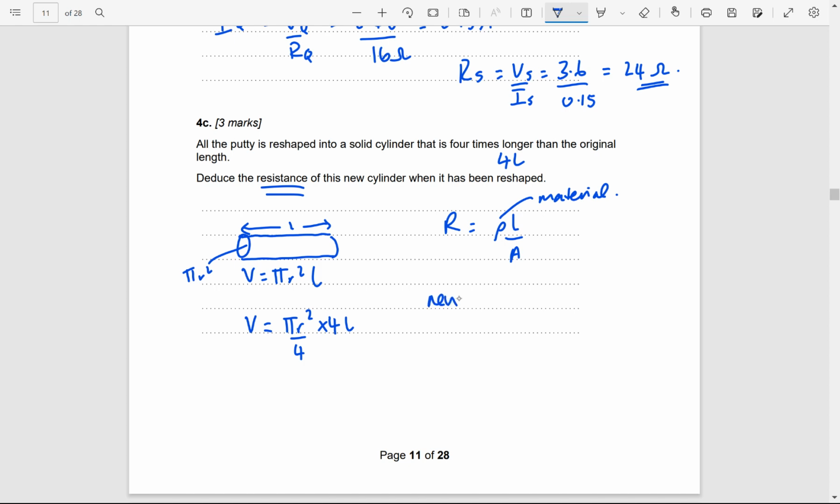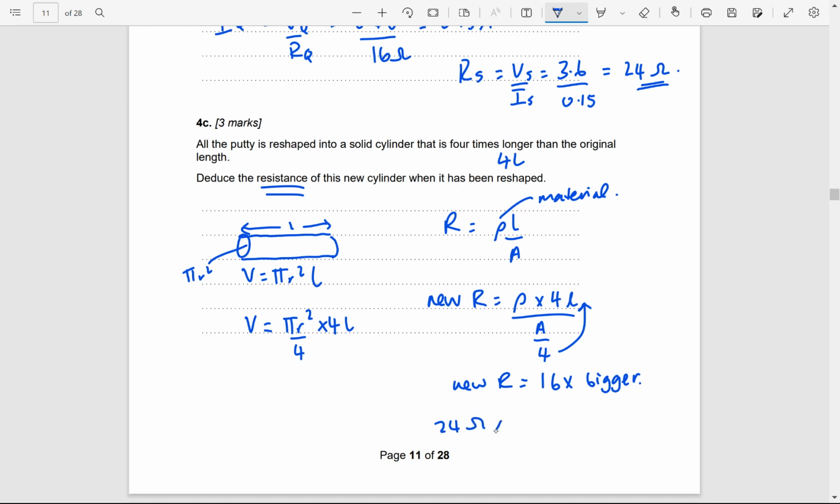So the new resistance equals 4 times longer divided by A over 4. So that shoots up to the top. So the new R is 16 times bigger. It's 4 by 4 times bigger.